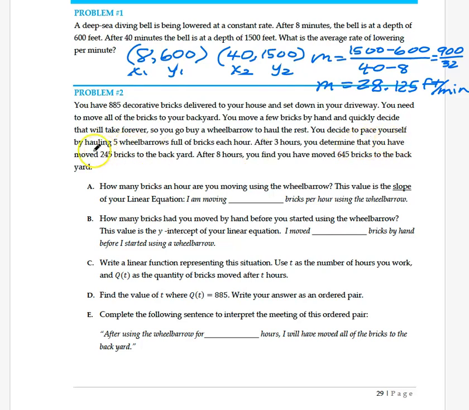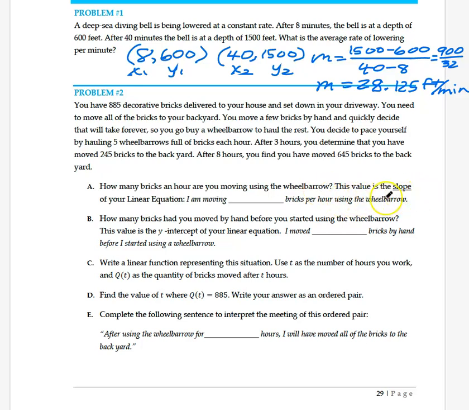You decide to pace yourself by hauling 5 wheelbarrows full of bricks each hour. After 3 hours, you determine that you have moved 245 bricks to the backyard. After 8 hours, you find that you have moved 645 bricks to the backyard. So part A, how many bricks an hour are you moving using the wheelbarrow?